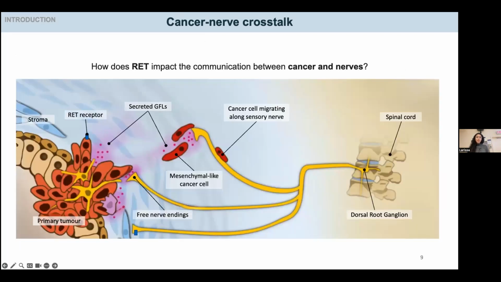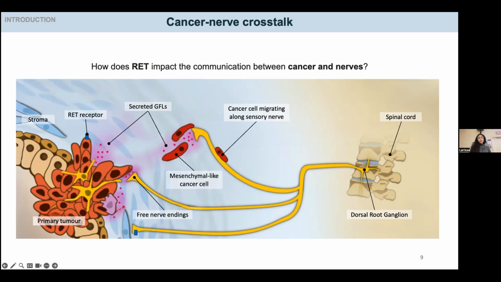So from the perspective of cancer researchers, RET is known to mediate critical processes that underlie tumor invasiveness. This can include functions like cell polarization, migration, invasion, and also the expression of metalloproteinases. On the other hand, from the neuroscience perspective, RET, with a particular focus on GDNF and GFR-alpha-1, plays an important role in promoting neuronal survival, supporting differentiation of neurons, and also facilitating neurite growth.